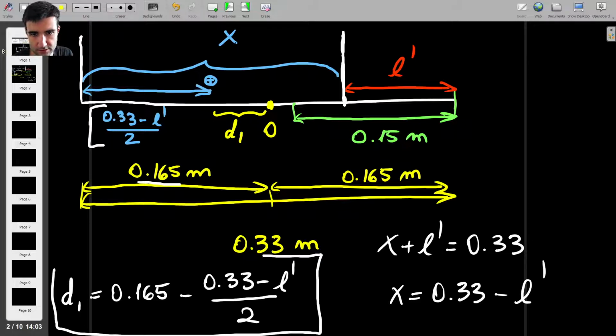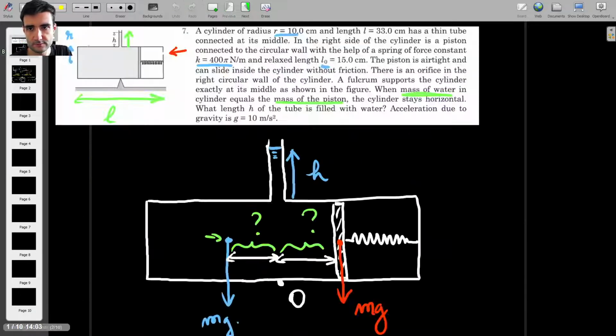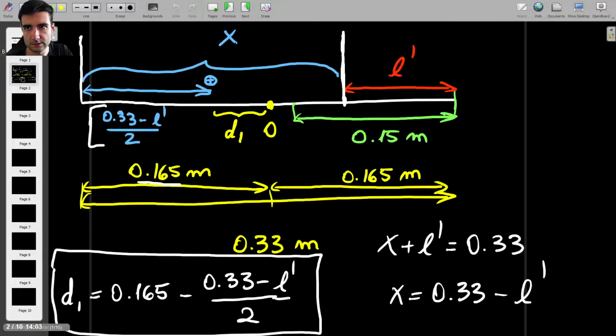That's it. We're going to leave this as it is for now because we don't know what L prime is, but we need another equation to be able to find it. To do that, we're going to find an expression now for this distance, the distance from the fulcrum to the piston. Let's see how we do that. If you look at this diagram, you should realize that it should be relatively straightforward.